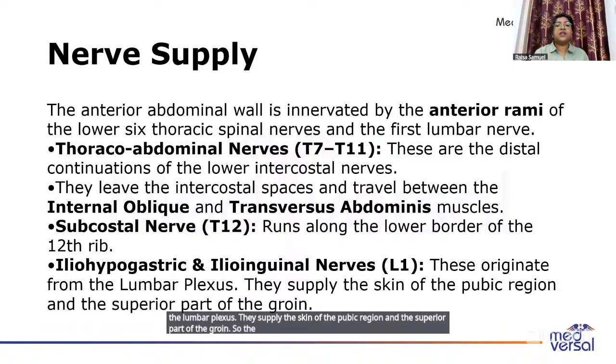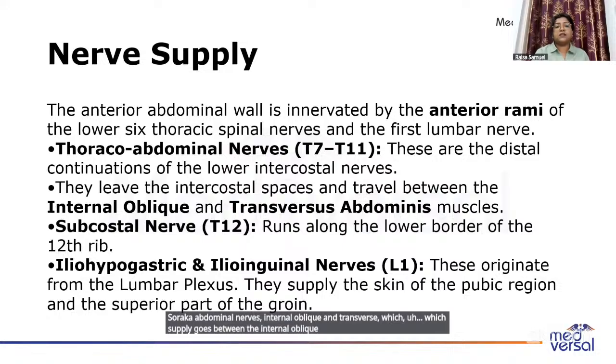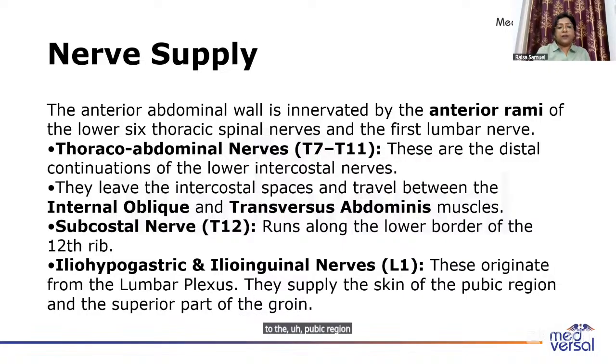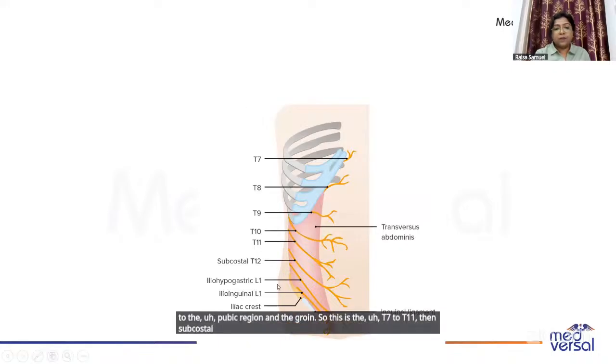So the main nerves are the thoracoabdominal nerves, T7 to T11, which run between the internal oblique and transversus abdominis muscle; the subcostal nerve T12 along the 12th rib; the iliohypogastric L1 and ilioinguinal nerve, which goes to the pubic region and the groin and reaches the inguinal ligament.